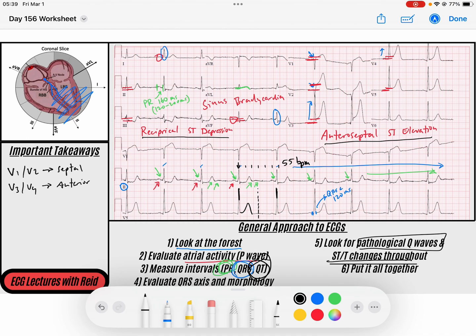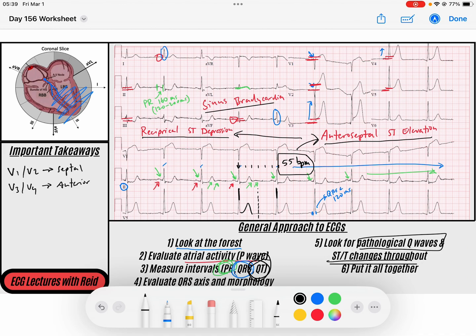So when we put this all together, what do we get? We get a sinus bradycardia at 55 beats per minute. We have anteroseptal ST elevation with reciprocal ST depression in the inferior leads.